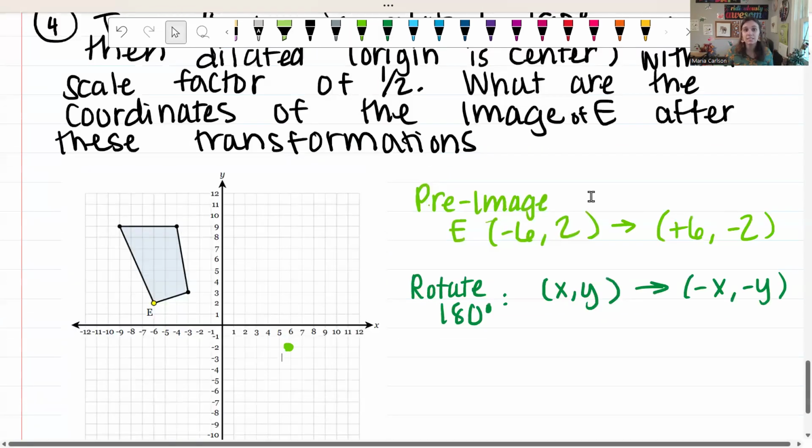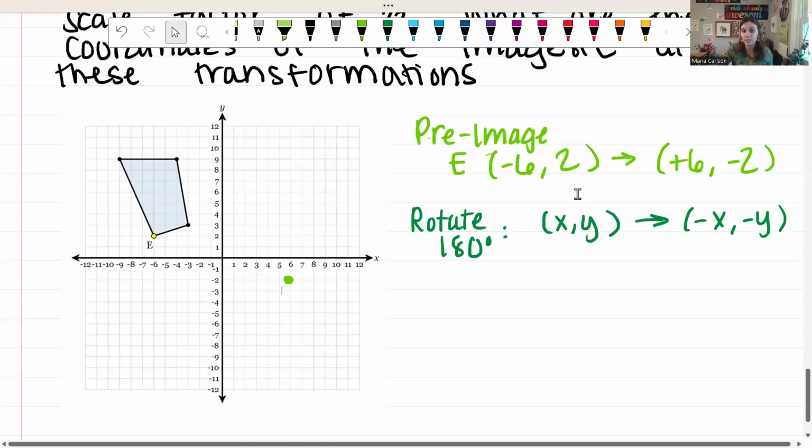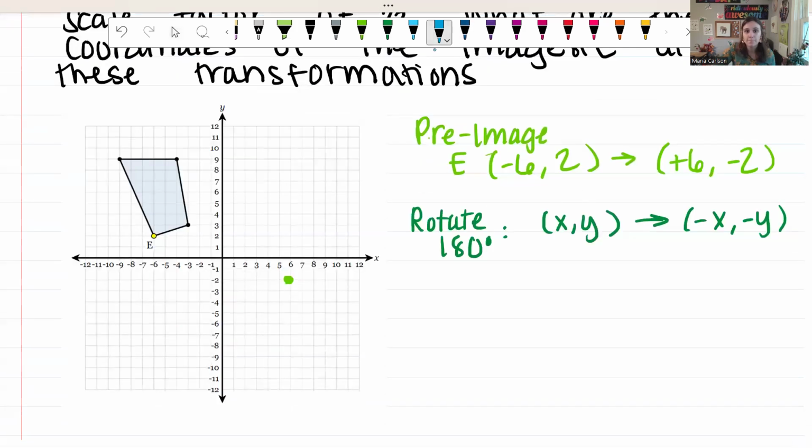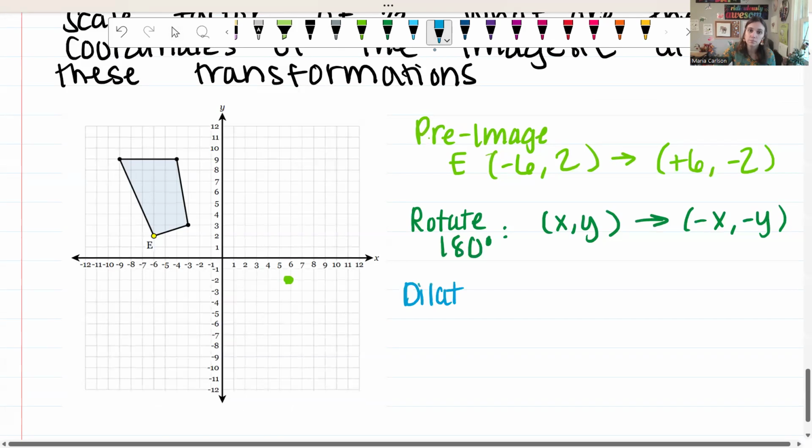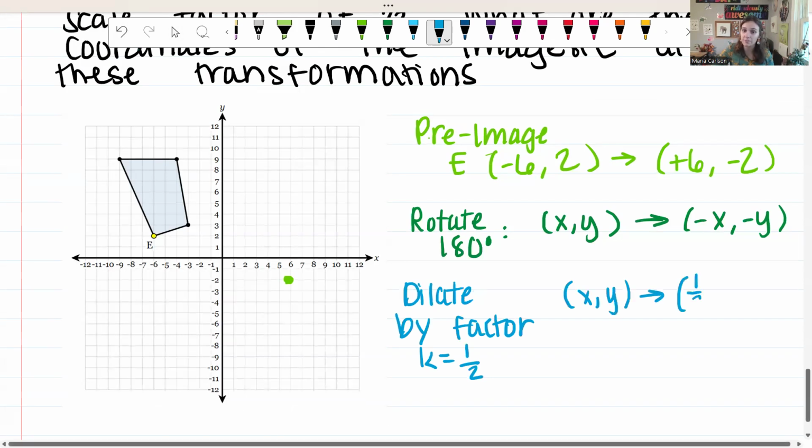And now we need to dilate it by a scale factor of 1/2, which means we're going to really multiply by 1/2. So I'm going to multiply both my x and my y by 1/2. So it's going to be 1/2 times x, comma, 1/2 times y.